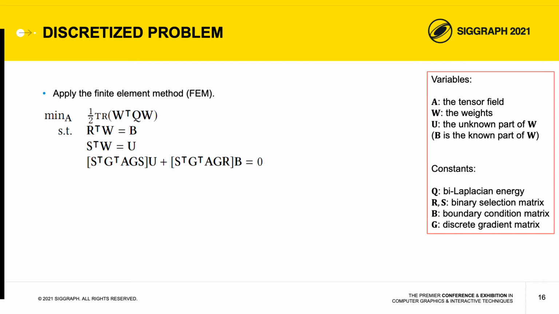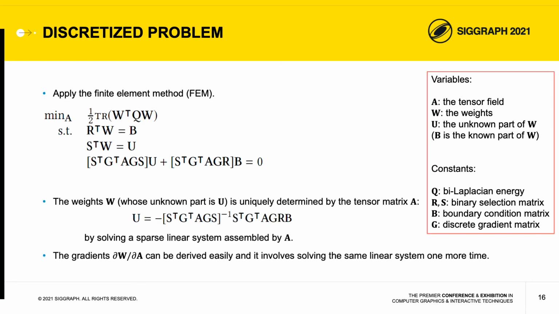We apply a standard finite element method to discretize this problem. After discretization, we have all these matrix valued variables and constants. I'm not going to go through its definitions carefully, but the point is the weights are uniquely determined by the tensor matrix by solving a sparse linear system assembled by A. The gradient of W with respect to tensor A can be derived easily.